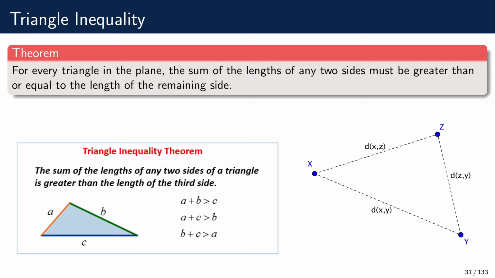Now in Euclidean geometry, the triangle inequality says that for every triangle, the sum of any two sides is bigger than the other side.